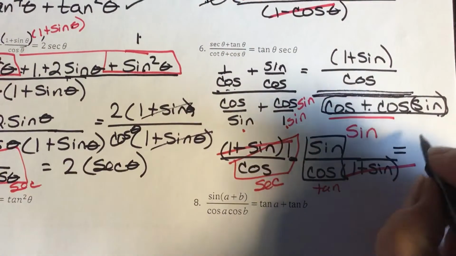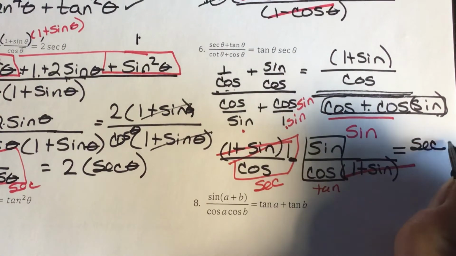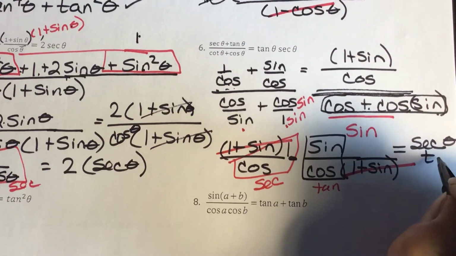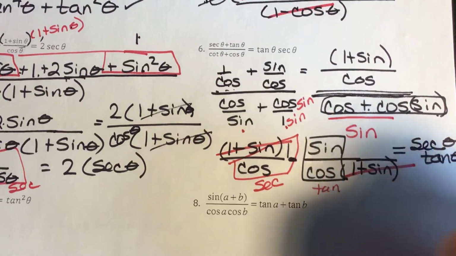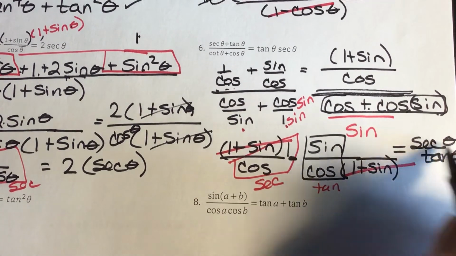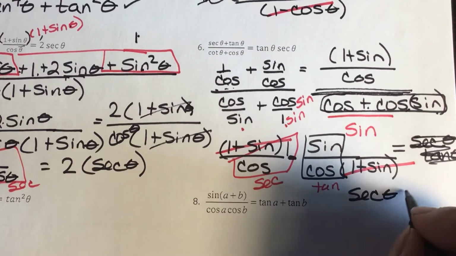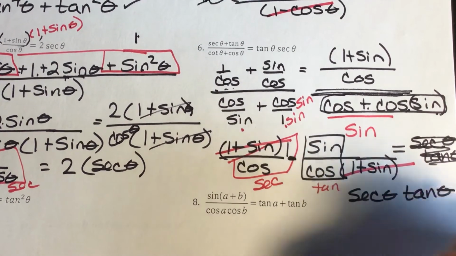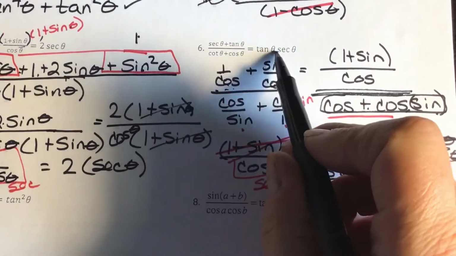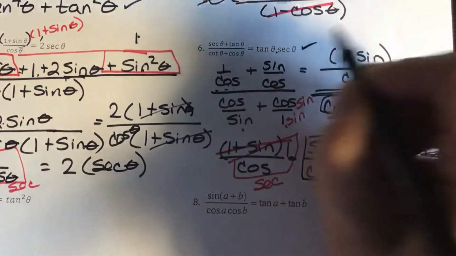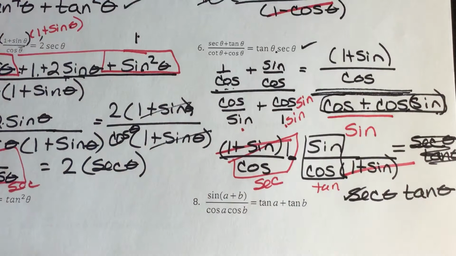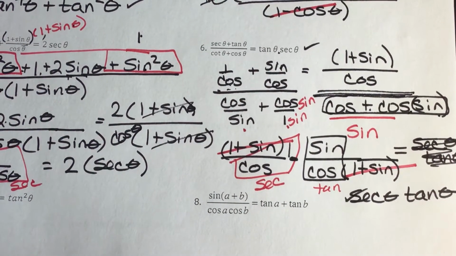So this gives me secant of theta times tangent of theta. That's not divided by, I shouldn't write it like that. How about secant theta tangent theta, which is what I have here, just in reverse order. So that is equal.